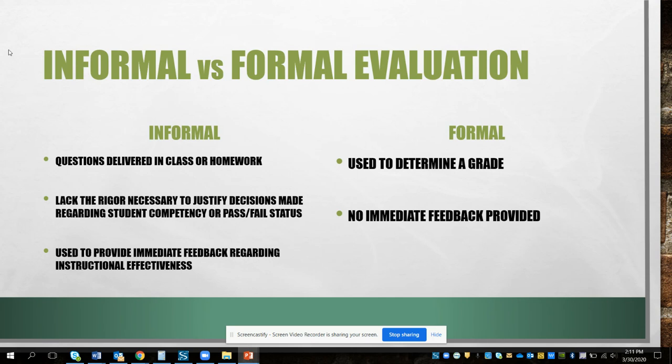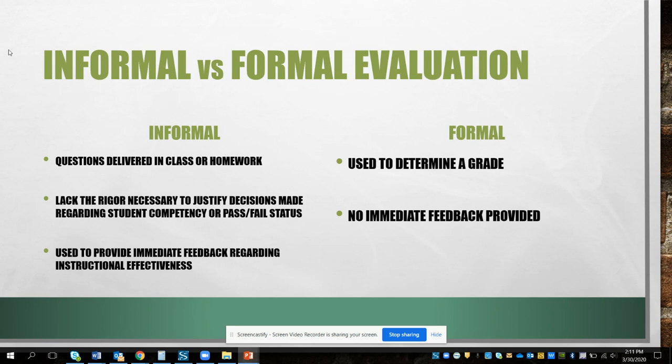And so we want to make sure that we know what's the difference between these formal and informal methods and what are the purpose of these. So the purpose of informal evaluation is to provide immediate feedback regarding the instructional effectiveness. Now, these evaluations are going to tell you a lot about the student, but they're also going to tell you a lot about the instructor and the evaluation methods and how the class was delivered.